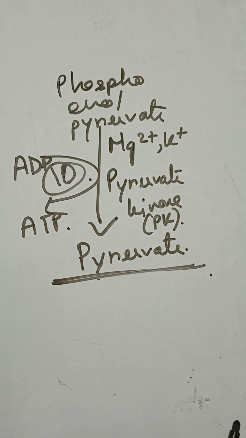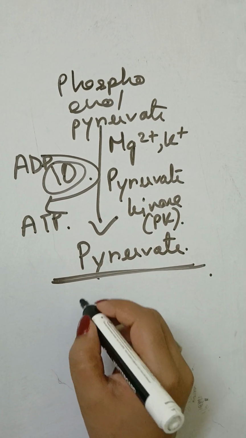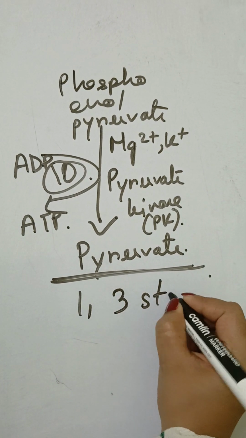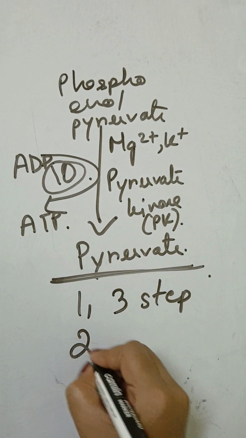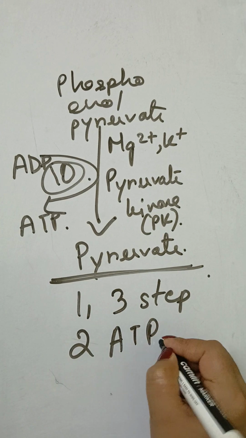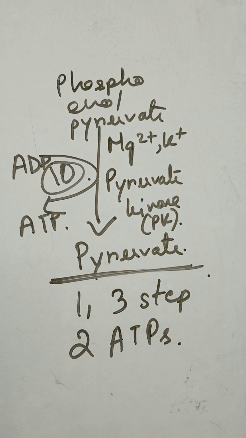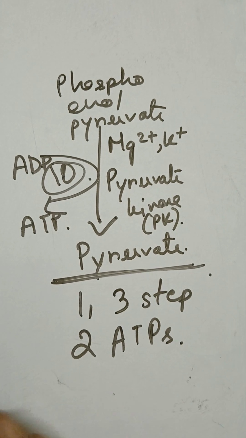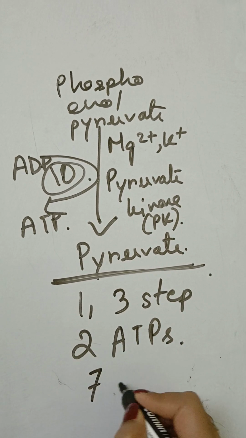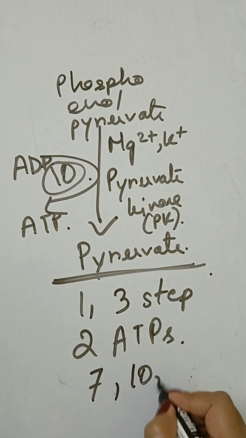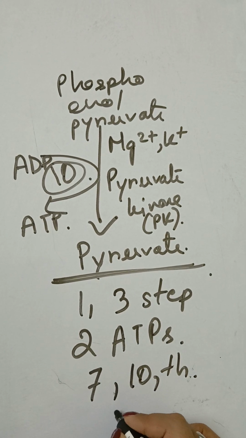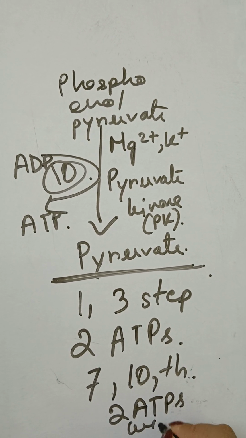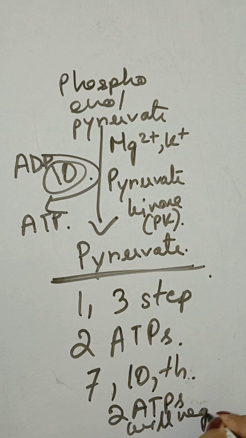So in the whole process, as we have seen, in the first and the third step of the reaction, a total of 2 ATPs are hydrolyzed, and that will give the energy. And finally at the 7th and 10th steps of the reaction, again 2 ATPs will be regenerated.